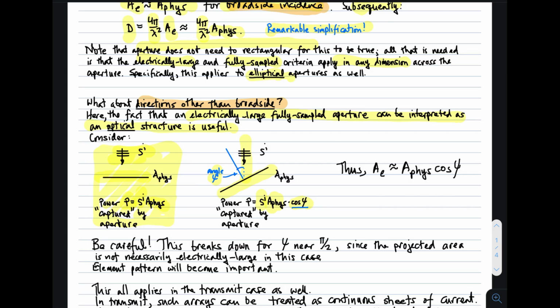This is obviously true for a structure behaving optically, and so we say that the effective aperture is, to a good approximation, equal to the physical aperture times cosine psi.